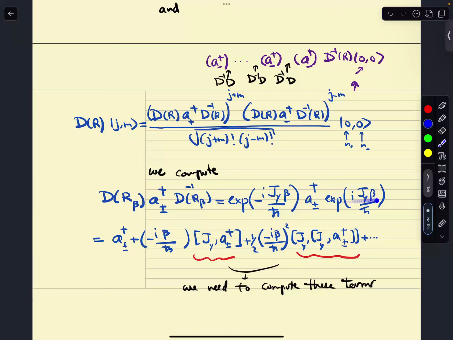Using BCH, you write it as this term plus minus i beta over h bar times the commutator, plus this guy squared, half the nested commutator, right? This was the BCH. All we need to compute is this term, and see if there's a structure that allows us to resum all these terms. Good.